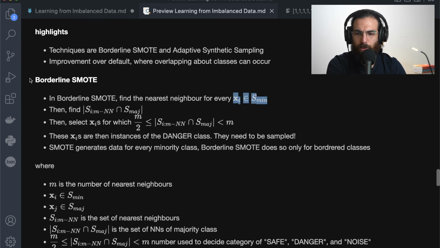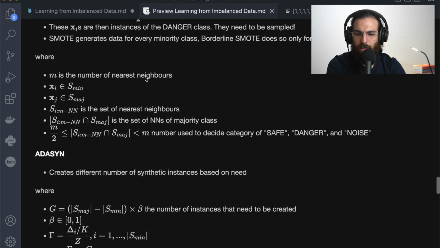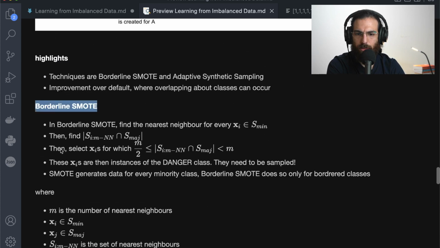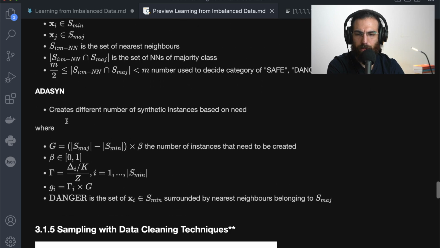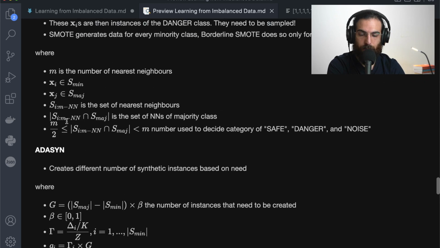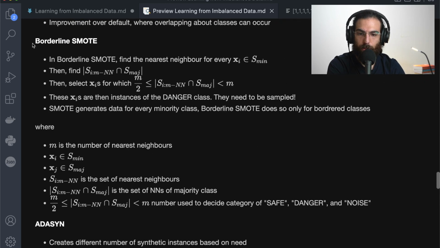Now, that's borderline SMOTE. Then also related to this section is ADASYN, which stands for adaptive synthetic sampling. Let me see if I can remember what this is about. Okay, actually, yes. What I meant to say is they work together. Borderline SMOTE and adaptive synthetic sampling are used together.